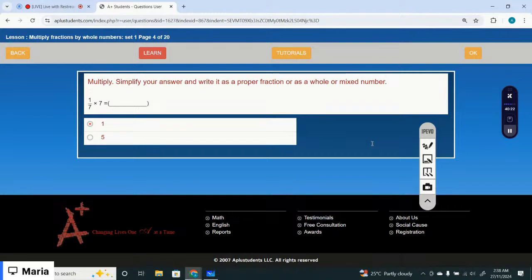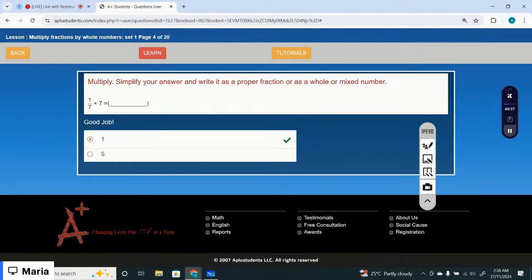That is 1 because 7 and 7 cancel out. You are left with 1. Option number 1 is the correct option.